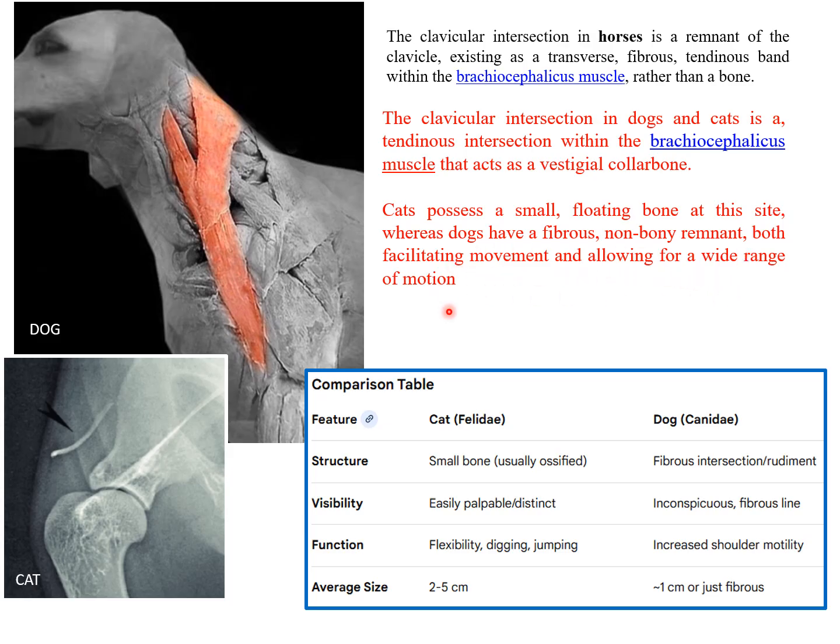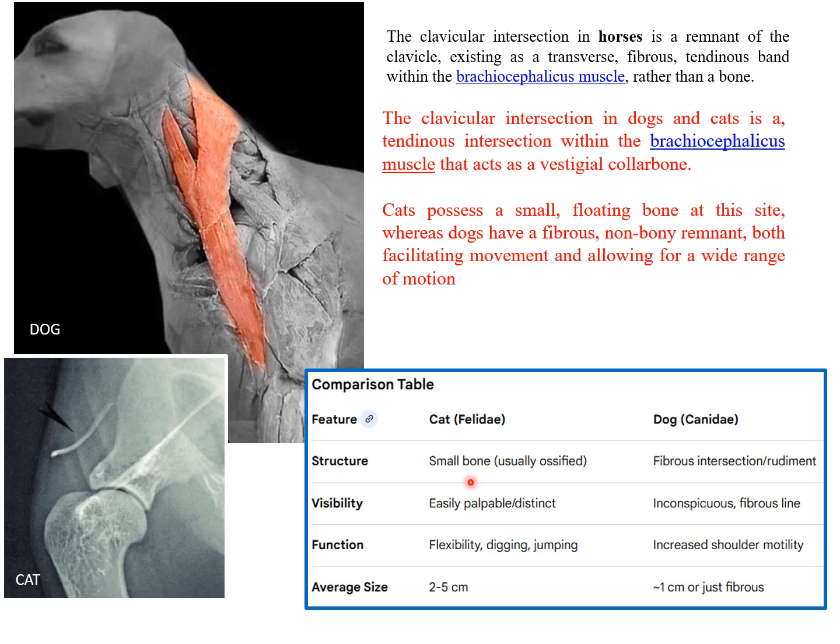Now, this is clear about the clavicle. Below here we have a comparison table, okay, which allows you to compare between the cat and the dog, between the Felidae and the Canidae, and some of the features of the clavicle.